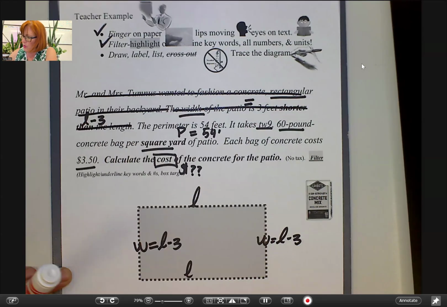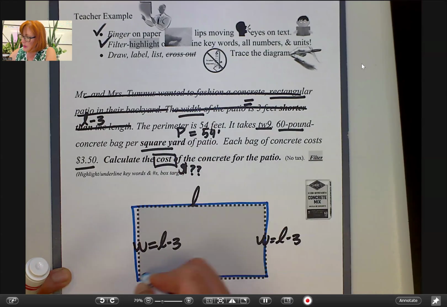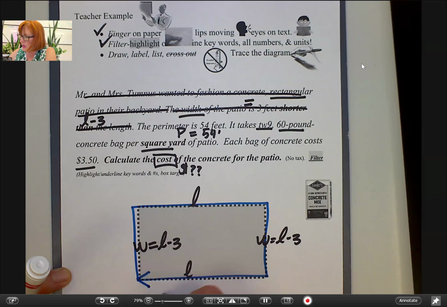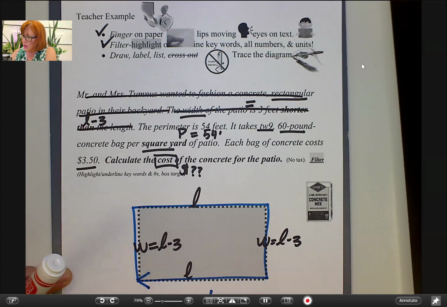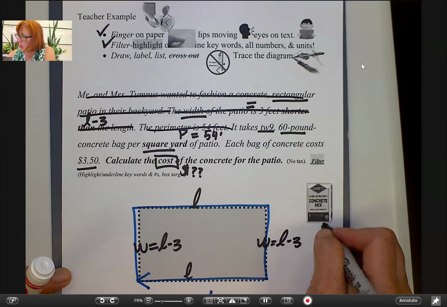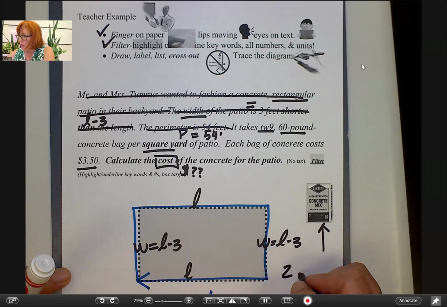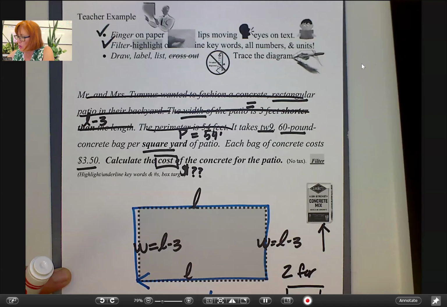The perimeter is 54 feet. It takes 2 concrete bags, 2 for each yard squared. Ooh, careful, careful.